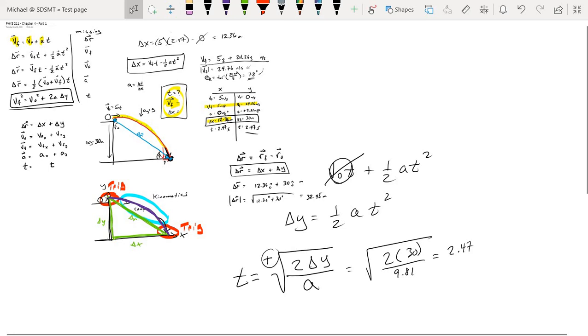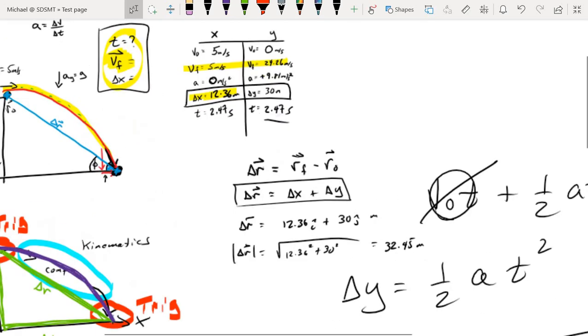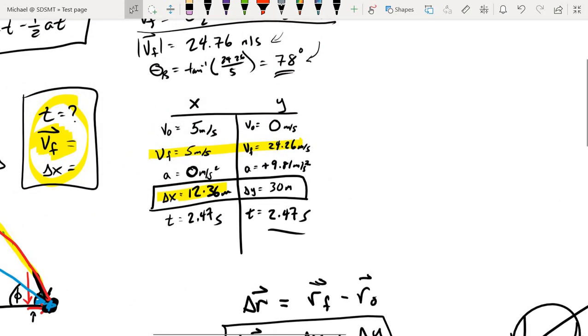The only trick is that we have to be able to find enough given information in either column so that we can actually carry out a kinematic solution with one of those 5 equations.